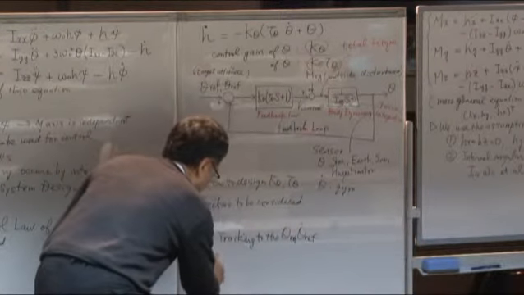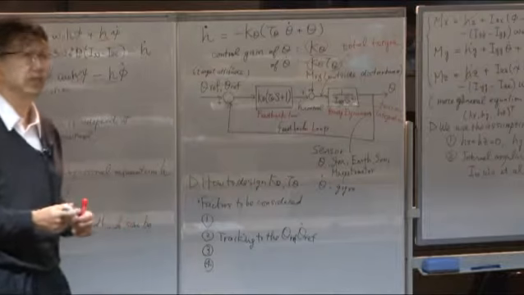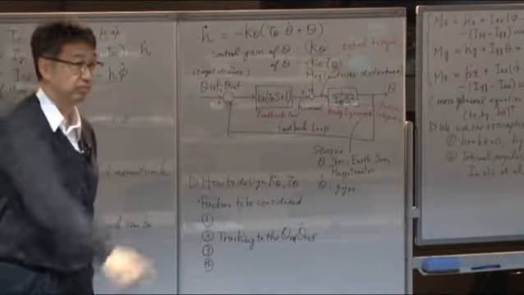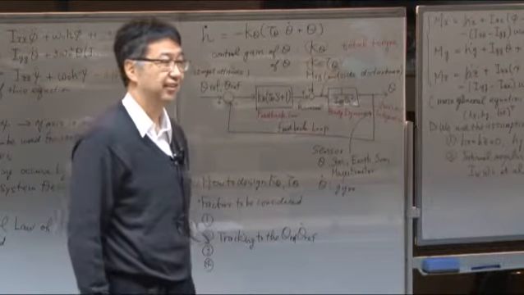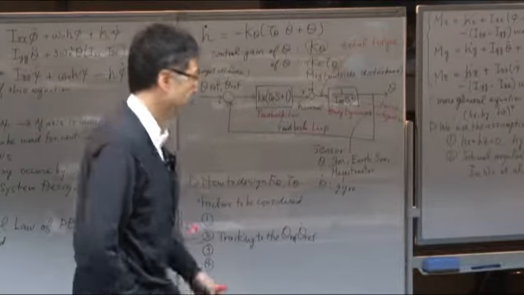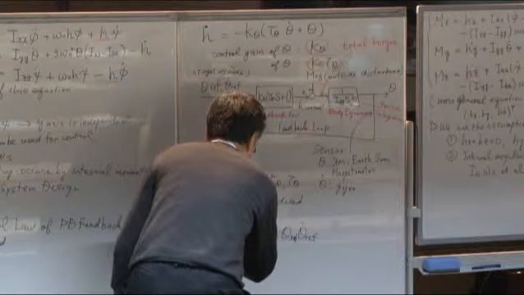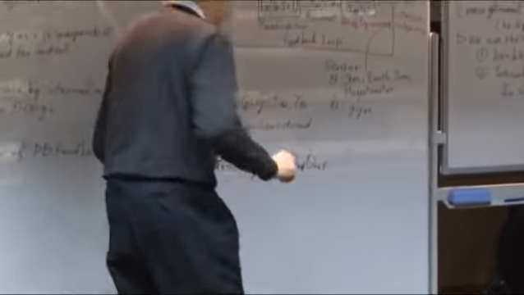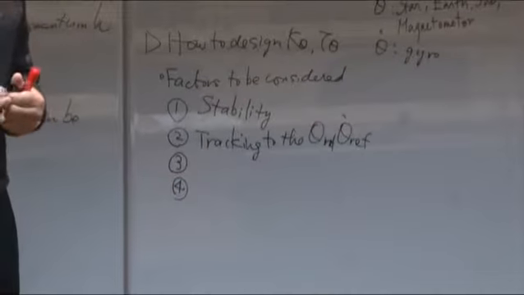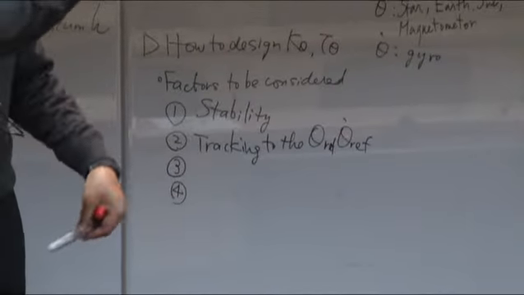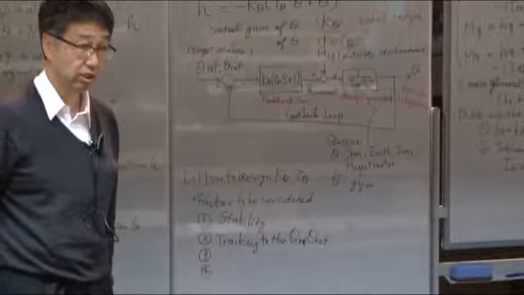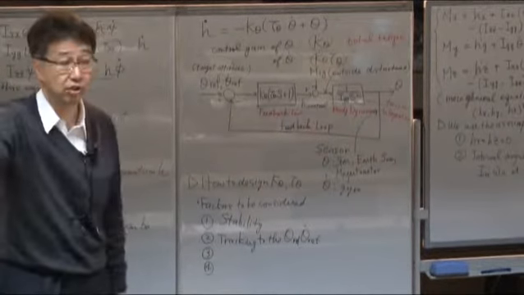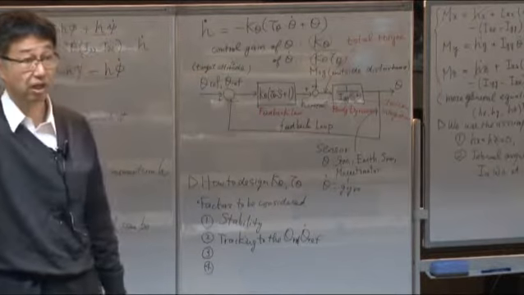There should be several things you should consider. Okay, how about you? Yes, stability. Okay, stability. Sometimes, if you make a bad control, the theta movement will oscillate, and this oscillation gets larger as time goes on.